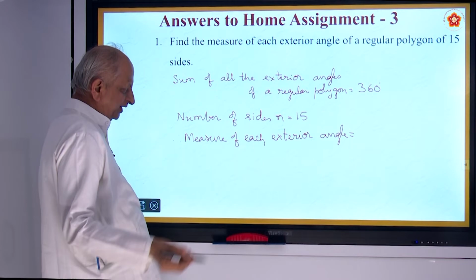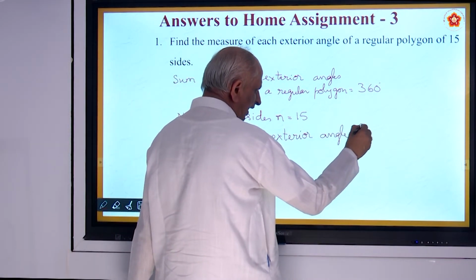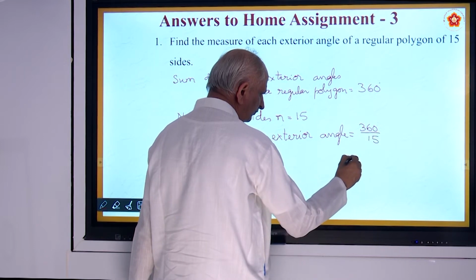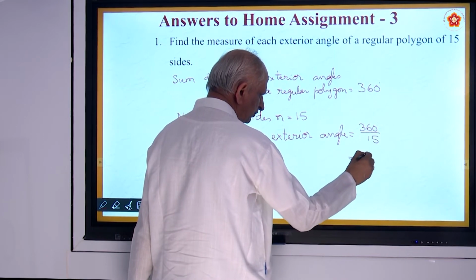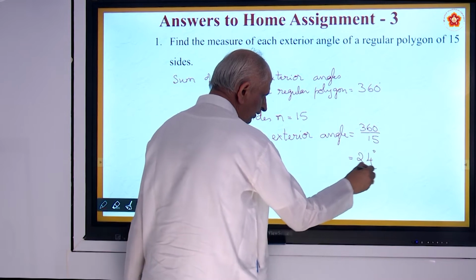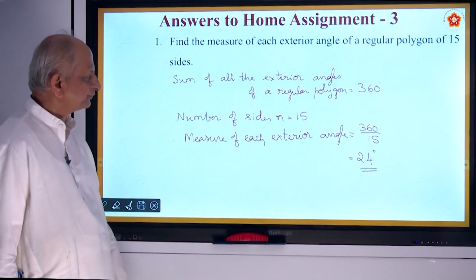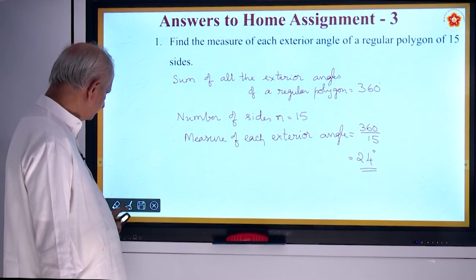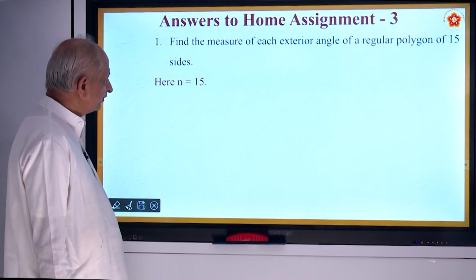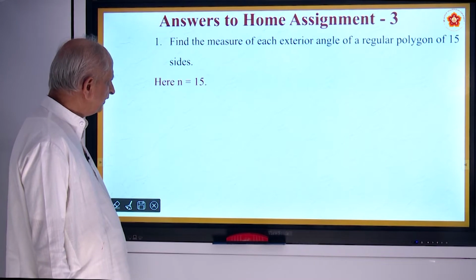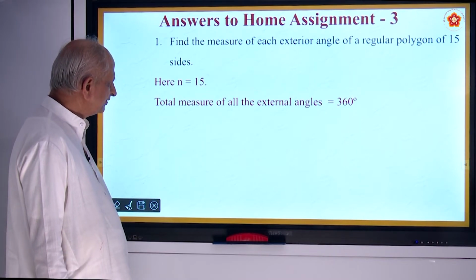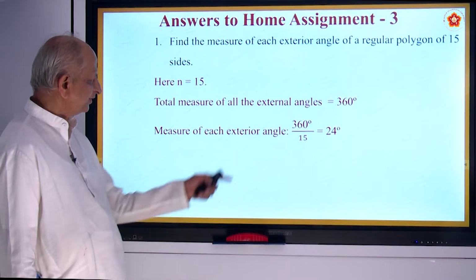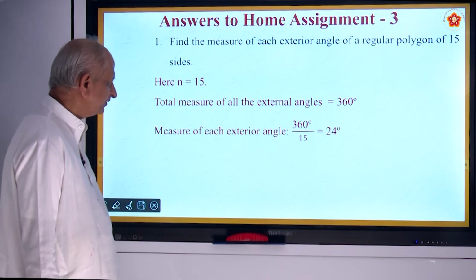So totally 360, and there are 15 sides. So each angle will become 15 2s are 30, 15 4s are 60, so 24 degrees. Correct? Noted? Okay. So n is equal to 15 and total measure is 360. Measure of each angle is 360 by 15, that is 24 degrees.